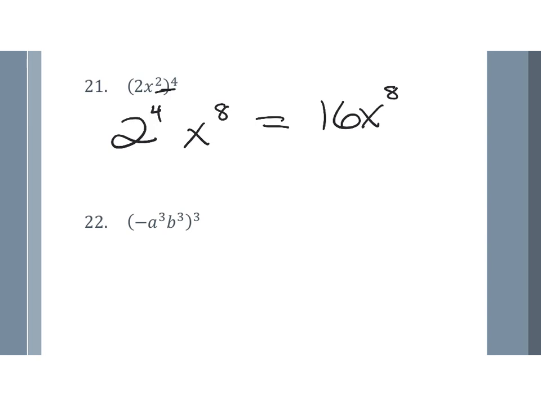The next one, this power is going to go to each thing. So 3 times 3 is 9 on both of the powers. And again, when the exponent is odd, your answer is negative. If that exponent would have been even, it would have been positive.